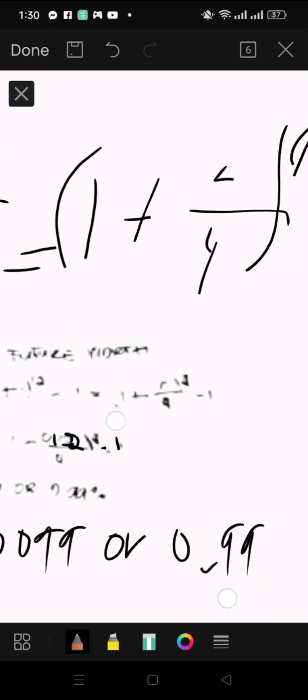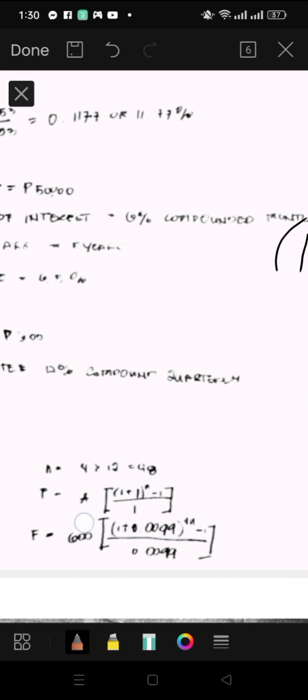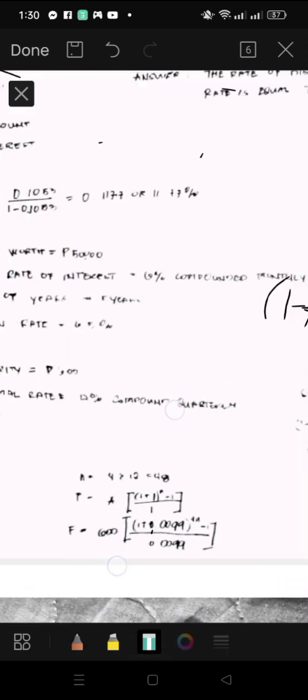So F is equal A, quantity of 1 plus I raised to the power of n minus 1 over I. So to substitute, the given is 600.